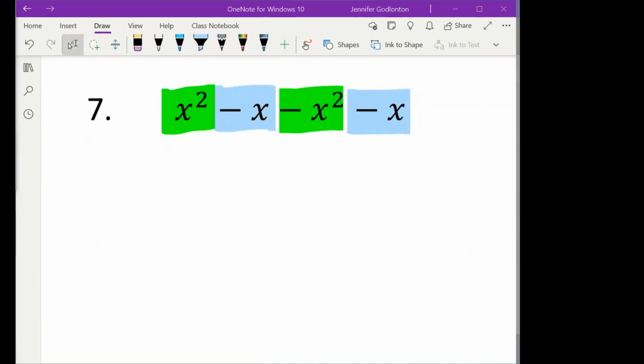Nice. Let's go through this one. In this question, we've got x squared minus x squared, and they're going to cancel each other out. That's the same as saying 5 minus 5. 5 minus 5 is 0. They kind of go away from each other.